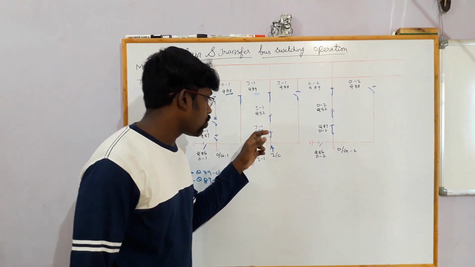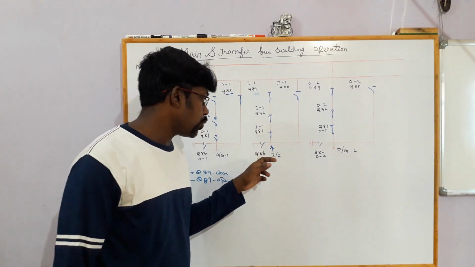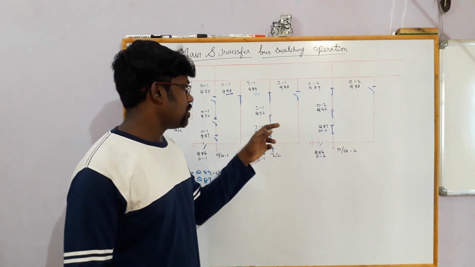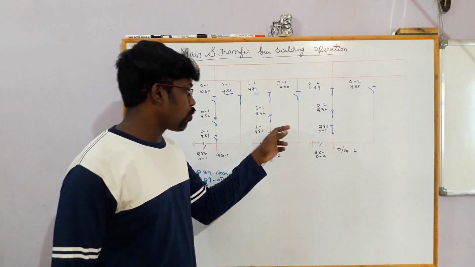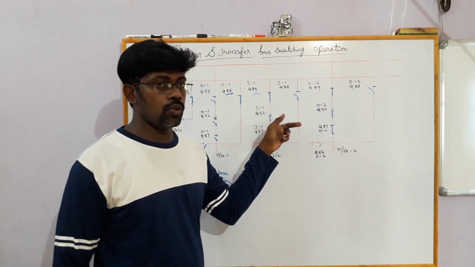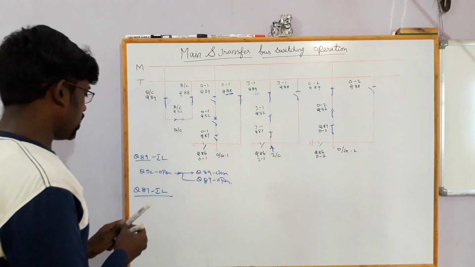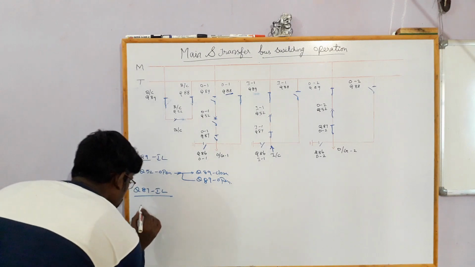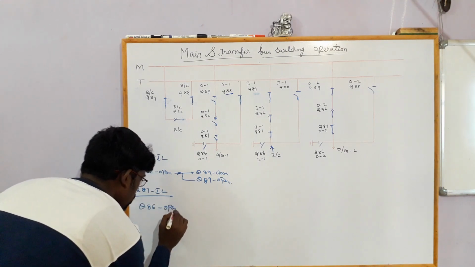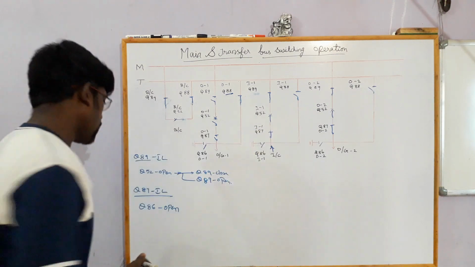So for closing this Q87, first thing Q86 has to be open. Second, this is isolator. Before closing this isolator, this breaker should be in open. So for interlock for this, we have to see two things. Q86 has to be open because it is an earth switch. Earth switch definitely should be open before closing this isolator.